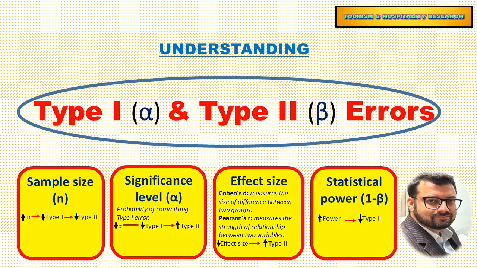So first we need to understand why do we do research and how do we do research. As I have explained in my previous videos also, for inferring the results on the population, we take some samples from the population which are known as respondents, and we conduct a study upon those respondents.